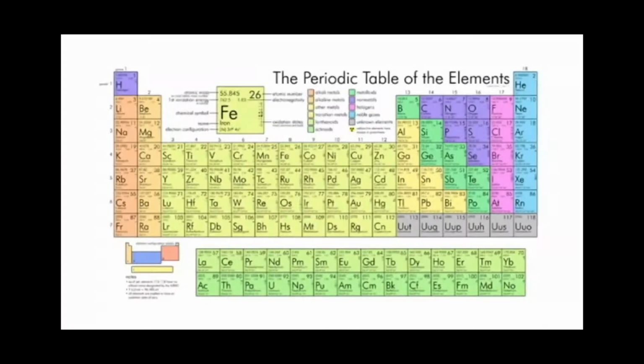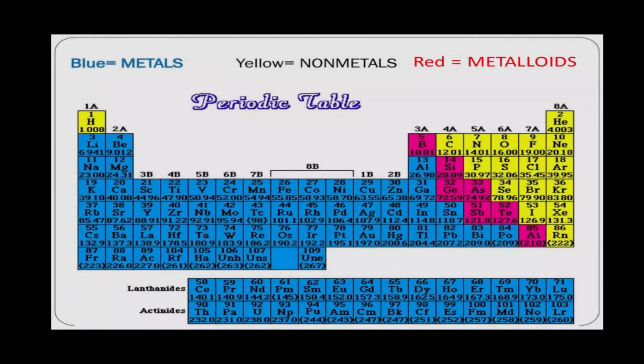To determine if an element is a metal, non-metal, or metalloid, you can refer to their location in the periodic table. The squares colored blue are the metals, the yellow ones are the non-metals, and the red ones are the metalloids.